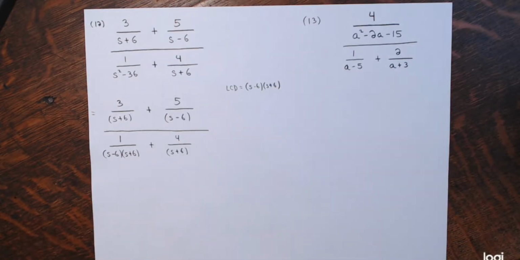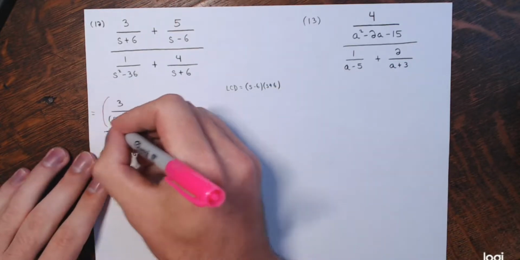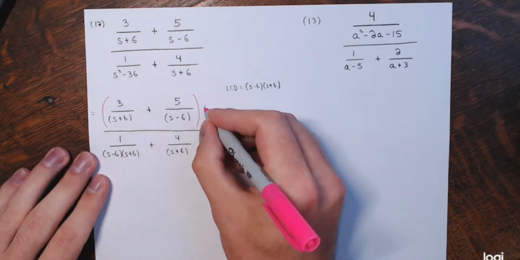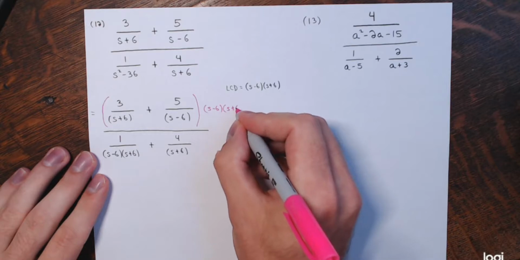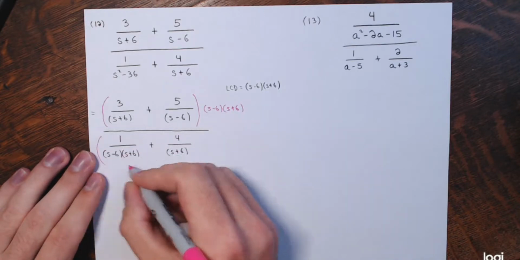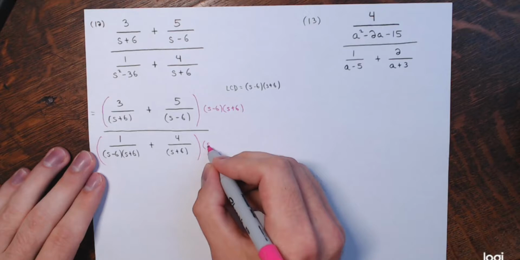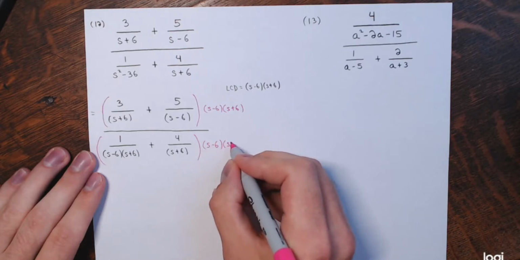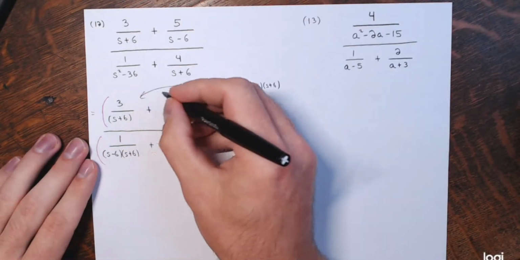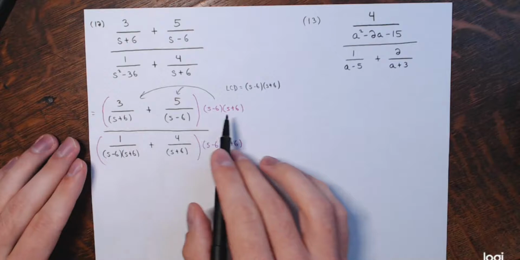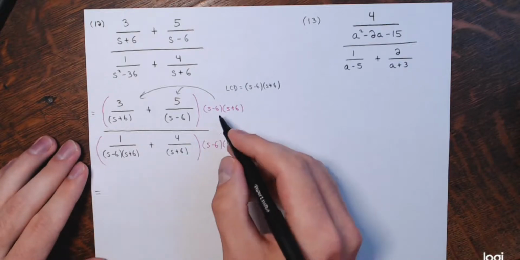Alright, so I'm going to multiply the entire numerator, both terms, by the LCD, s minus 6 times s plus 6, and the entire denominator as well, by the LCD, s minus 6 times s plus 6. Now we have to distribute. There are two fractions in the numerator. Each one gets multiplied by the LCD.